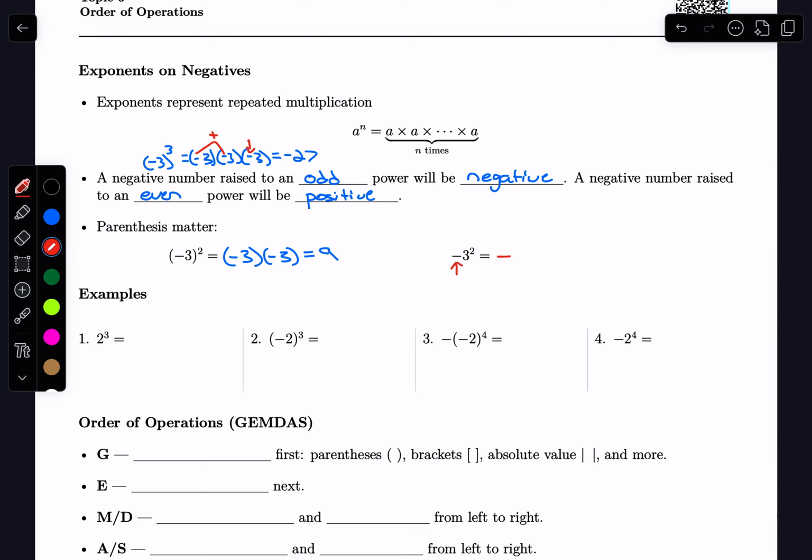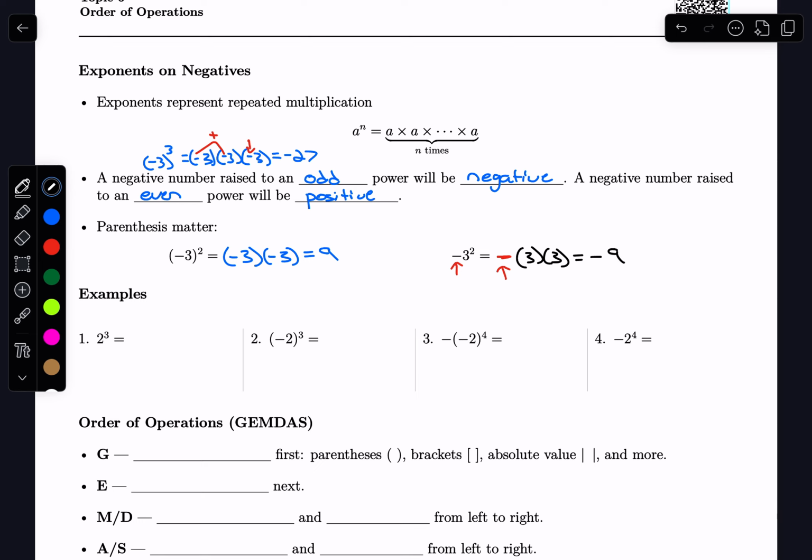So we're actually doing a negative sign and then 3 times 3, where each of those individual 3's are positive. That negative sign is just out in front of the 3 squared. So 3 times 3 is 9, and when you put the negative on it, we get -9. So notice those parentheses made one answer positive and one answer negative. Do not fall into the trap of not paying attention to parentheses.